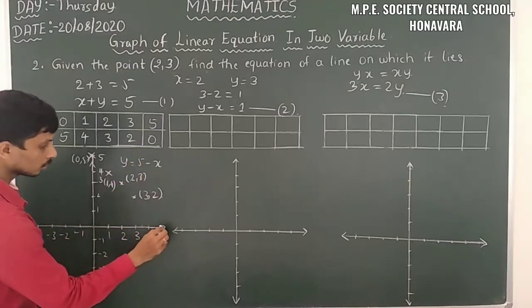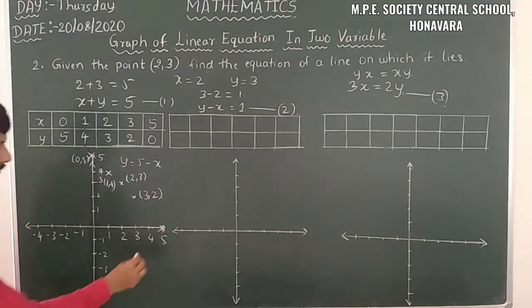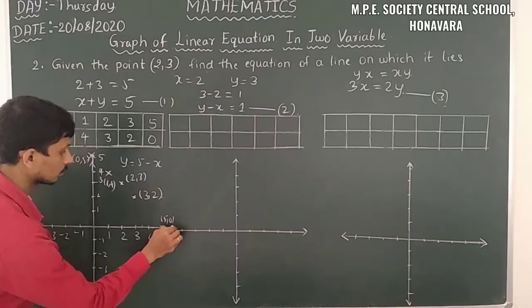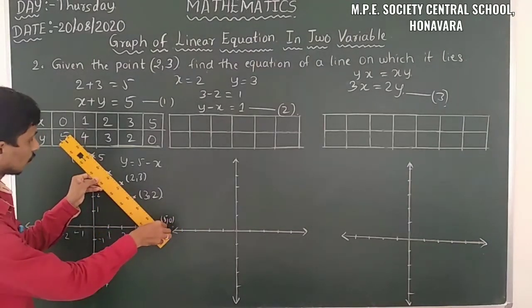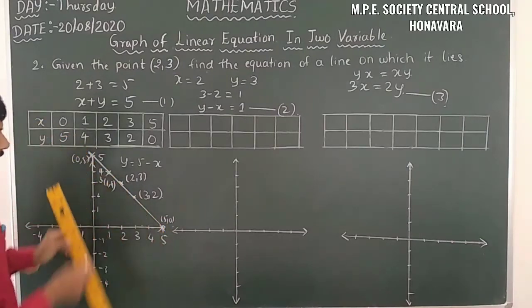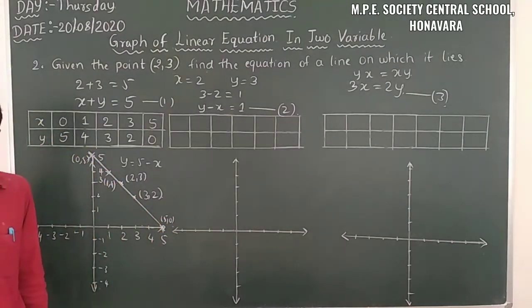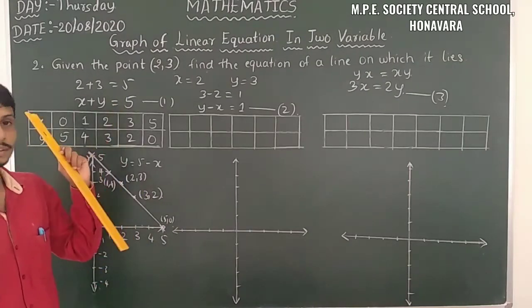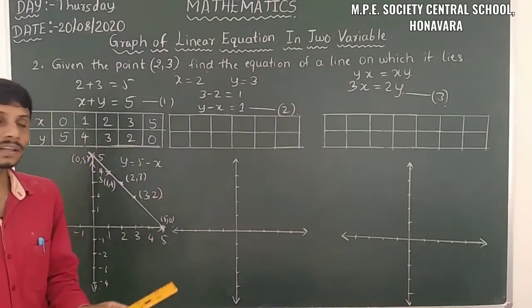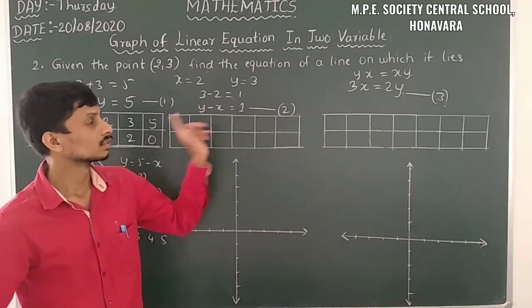Then 5, 0. Yes, this one. This is 5, 0. After that we have to join all those points. We got the straight line. This is the graphical representation of this equation. After that, we have to take the next equation.